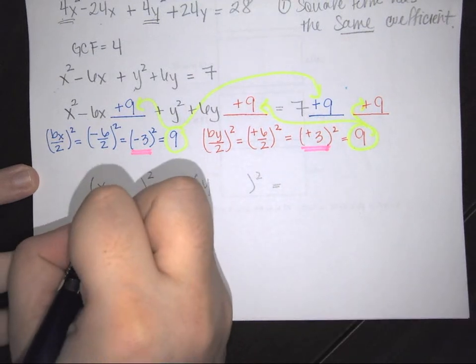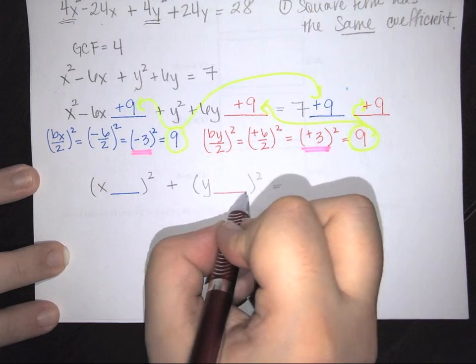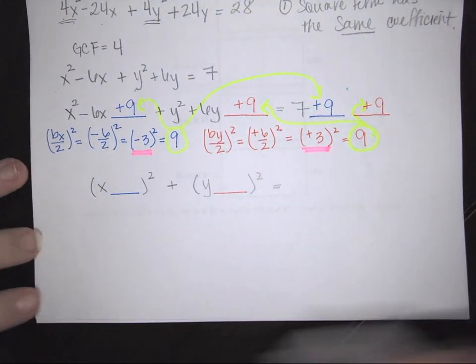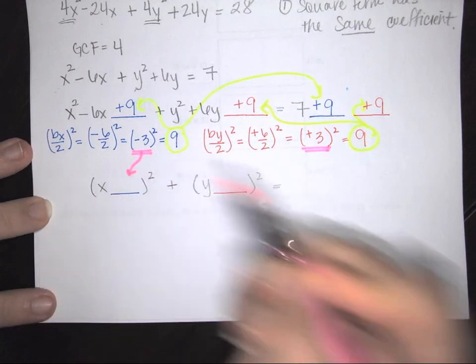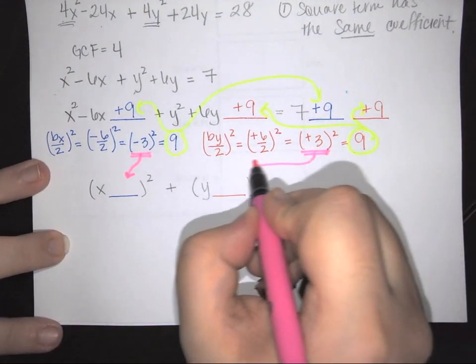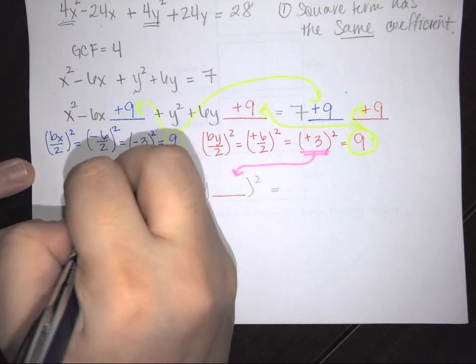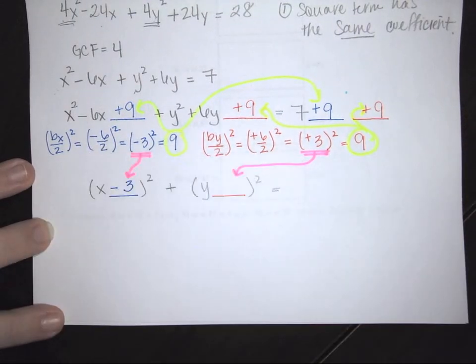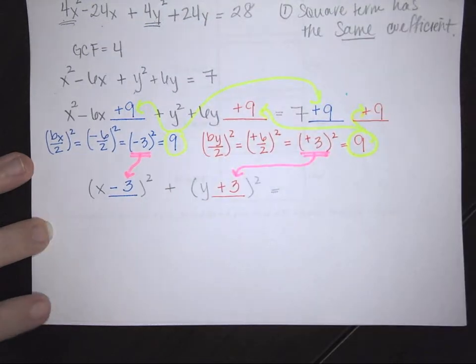So here's my blue for my x term and the red for my y term. And what happens is what we just calculated here. So the step prior to simplifying is what goes down here into your perfect factor. So here this is a negative 3 and the other side is a positive 3.